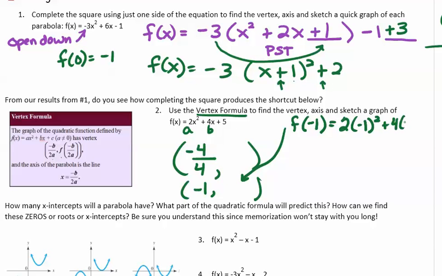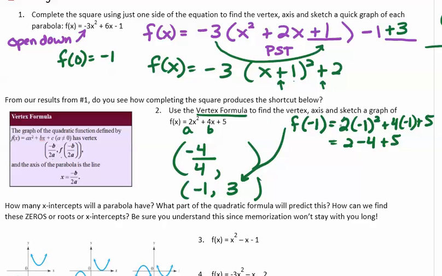But I'm going to put -1 into our function, and we're going to come up with 2 minus 4 plus 5. So we will get a y-coordinate of our vertex of 3. So our vertex formula saves us from having to complete the square like we did in problem number 1.